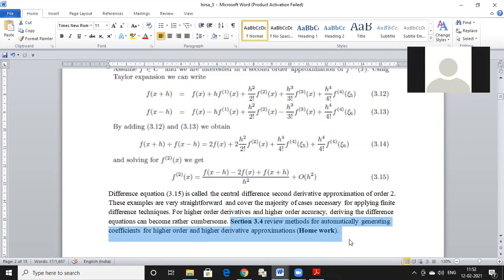Sir, the order of h square is coming, and h cube is coming. Why is it h square? There is h to the power 4 in the coefficient of the fourth derivative, and it is divided by h square. Oh, divide by h square, yeah, right.